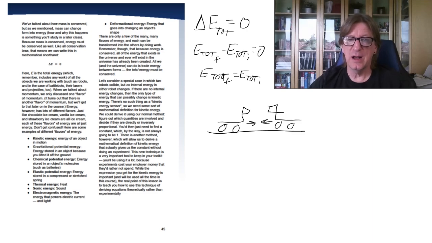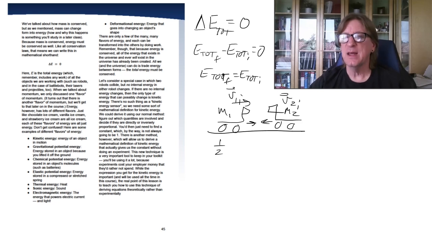And so my kinetic energy for the first robot, let's say that this is m1 and this is m2, and it's moving with velocity 1 and velocity 2, and these will be its initial velocities, and then after the collision it'll have some final velocities. So this will be 1/2 m1 v1 initial squared, but that is not a vector because it is squared, plus 1/2 m2 v2 initial squared.